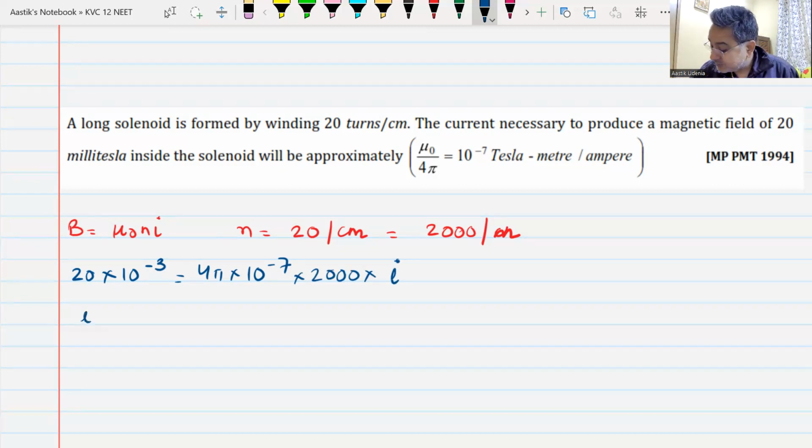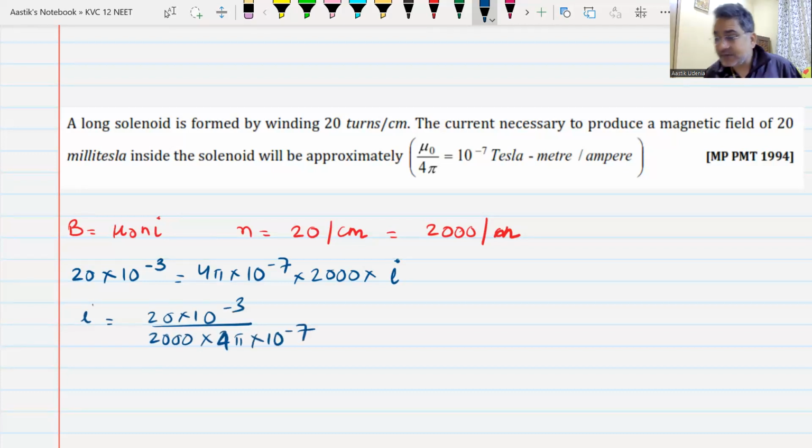I will be equal to 20 into 10 raised to the power minus 3 divided by 2000 into 4 pi into 10 raised to the power minus 7.